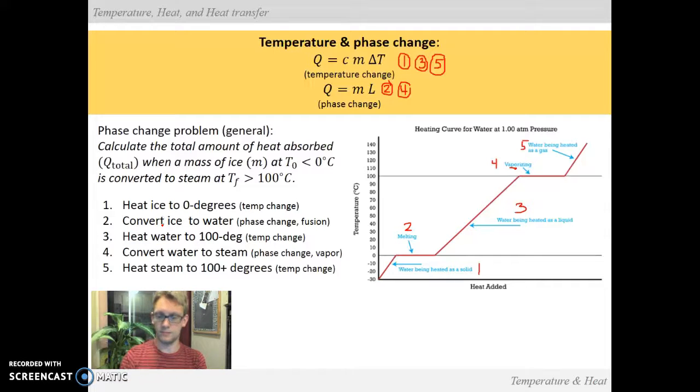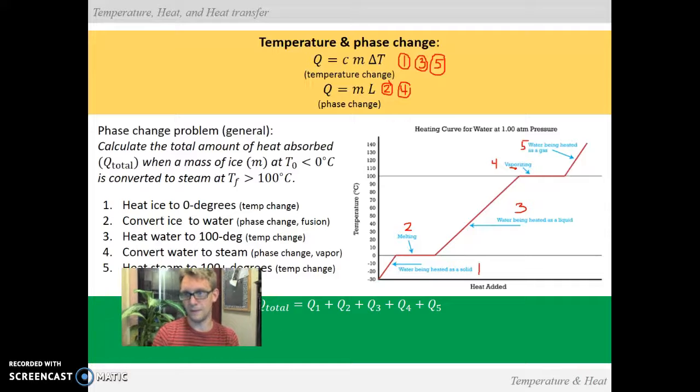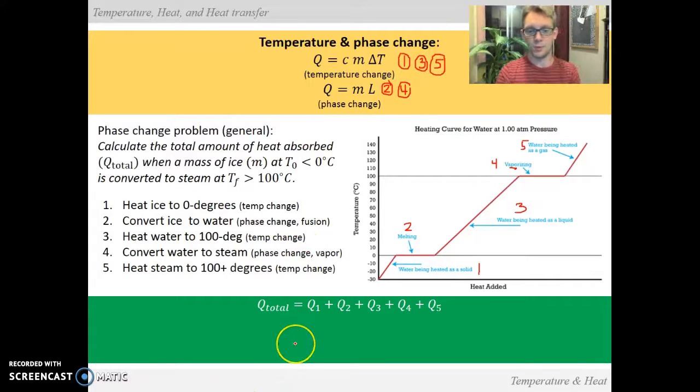So if we want to put this in equation form, we can say the total amount of heat that is used or absorbed in this system, Q total, is equal to Q from 1, Q from 2, Q from 3, Q from 4, Q from 5, all added together.